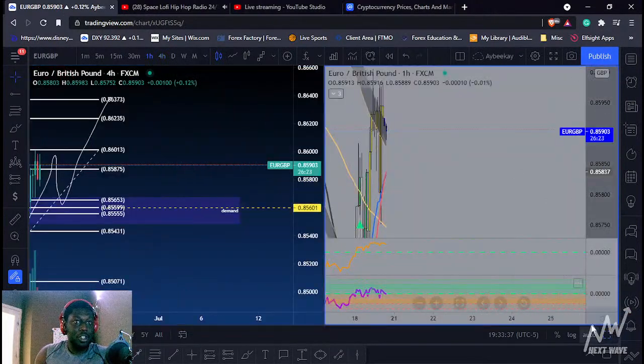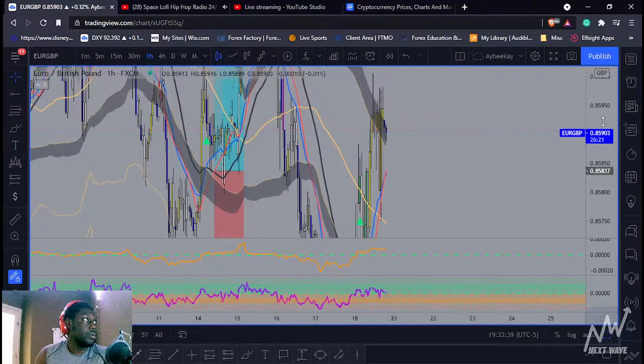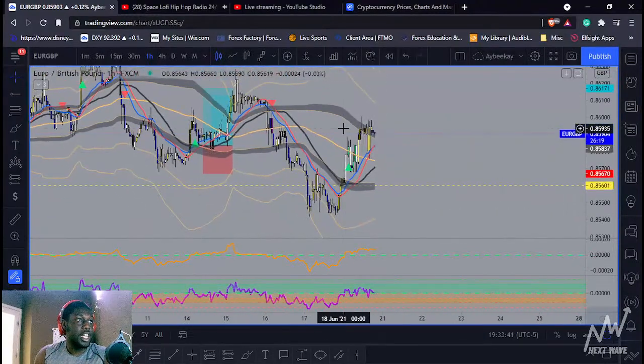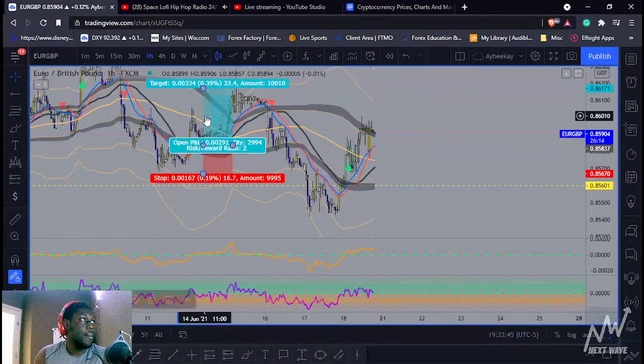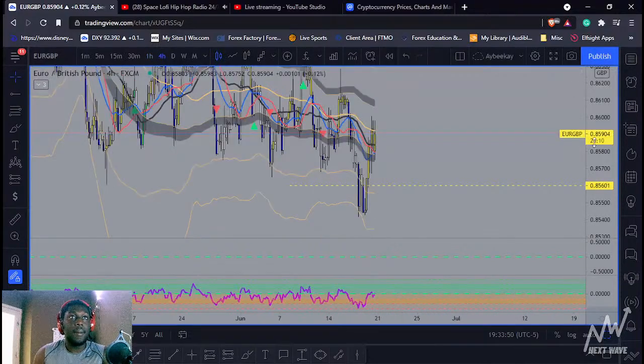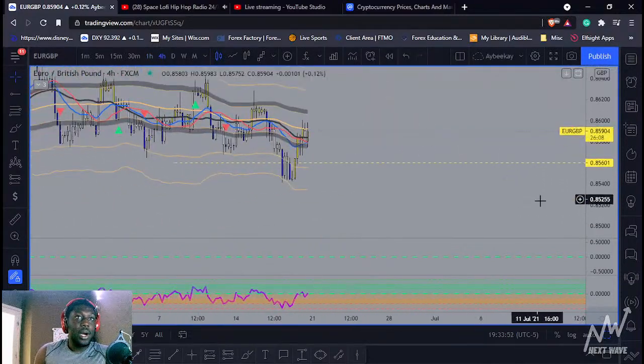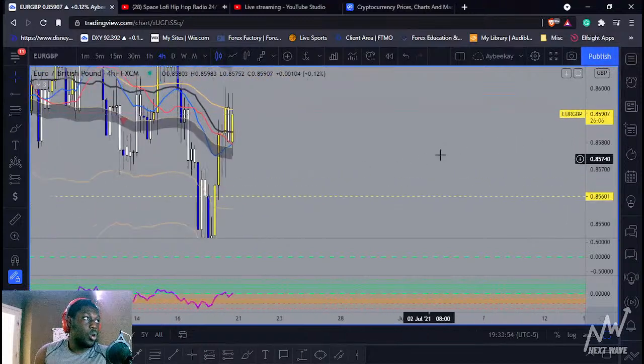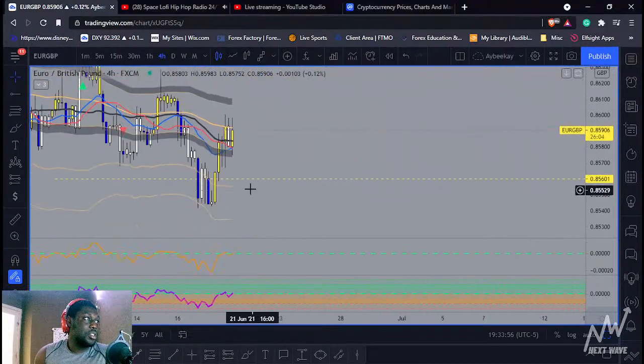Going over to arbitrage. 1 hour time frame. I like how I was rejecting off of this upper danger zone, but I will not be playing anything off of there. Let me get off of that EG buy that I had called last week. 4 hour time frame has not called for the sell quite yet, and again I'm gonna need price to retrace first before I get into anything.